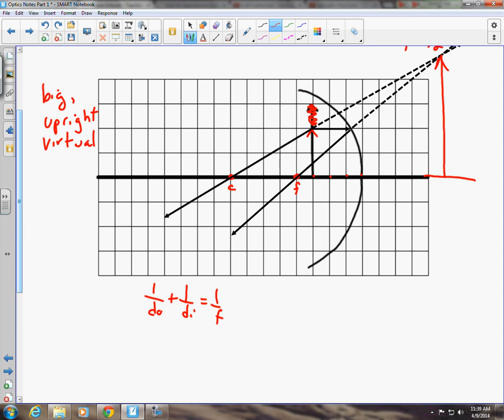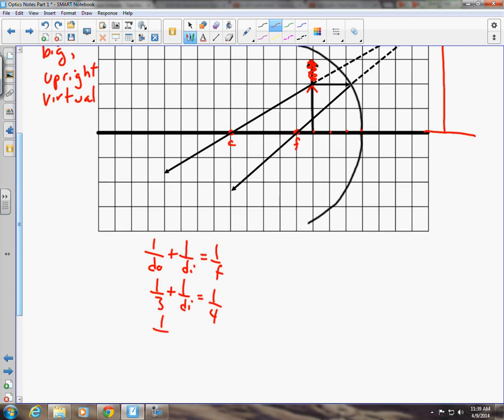DO was 1, 2, 3. 1 over 3 plus 1 over DI equals 1 over the focus, which for this was 1, 2, 3, 4. So 1 over DI is 1/4 minus 1/3.